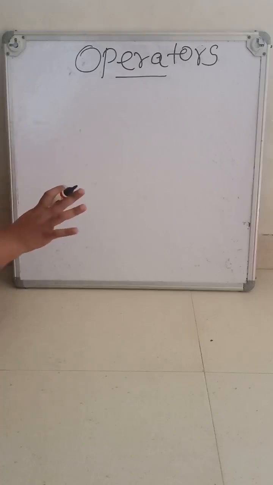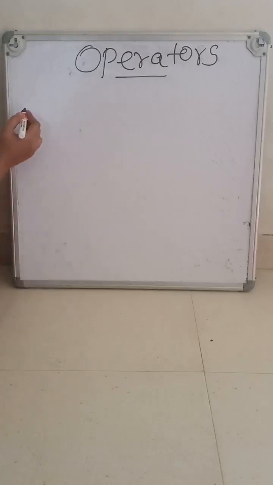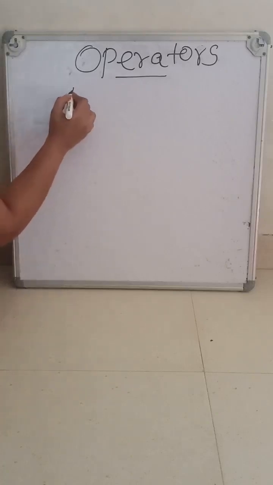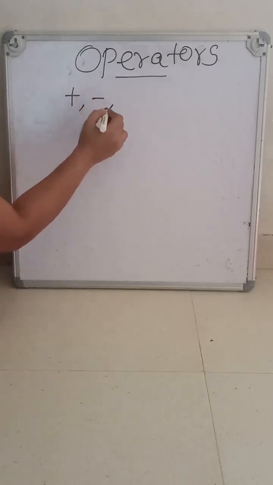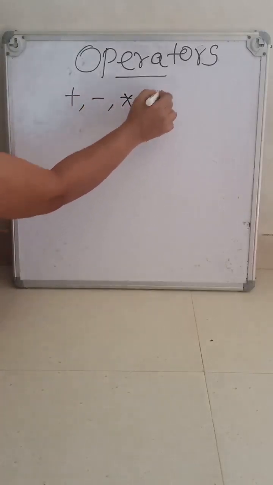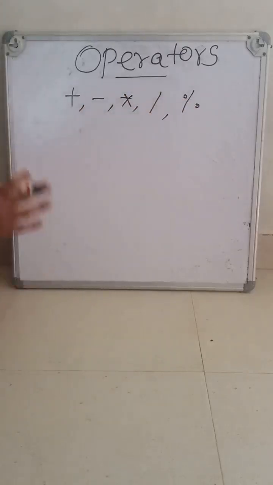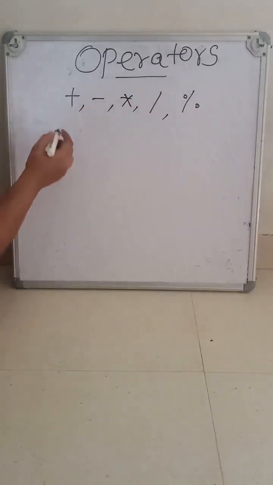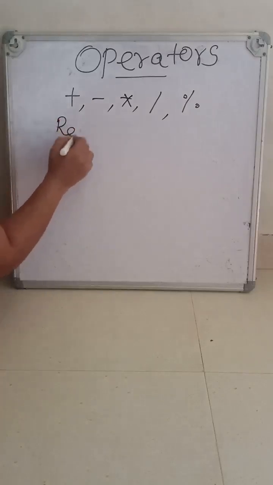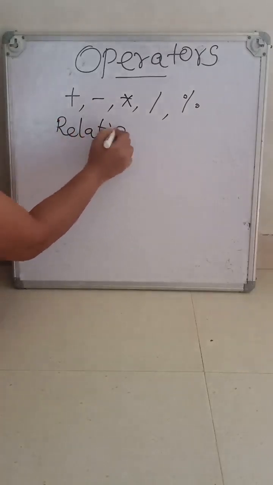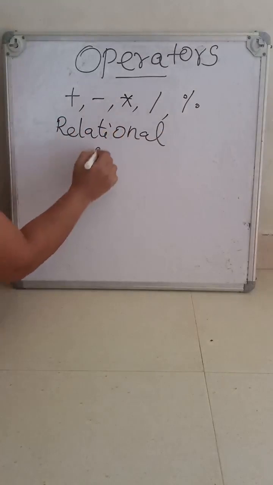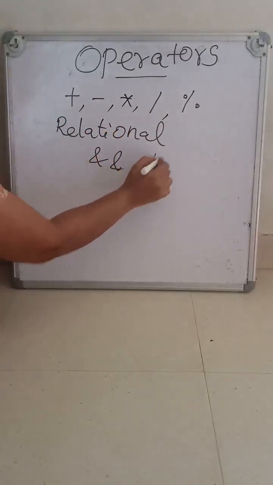In whatever programming language, we have operators like arithmetic operators: plus, minus, star, division, and the modulo operator. These are all the arithmetic operators. And we have the relational operators, like AND operator, OR operator.